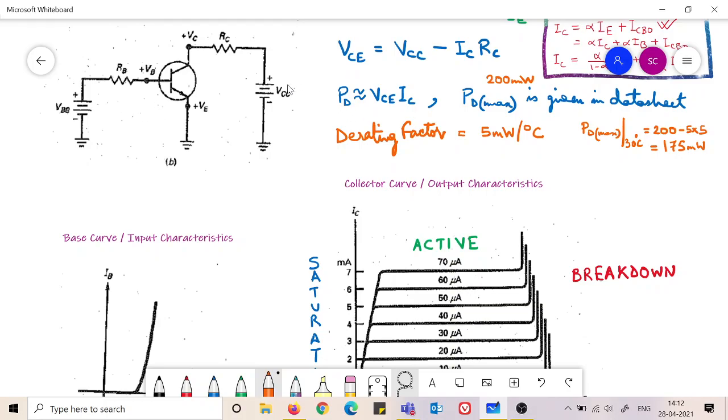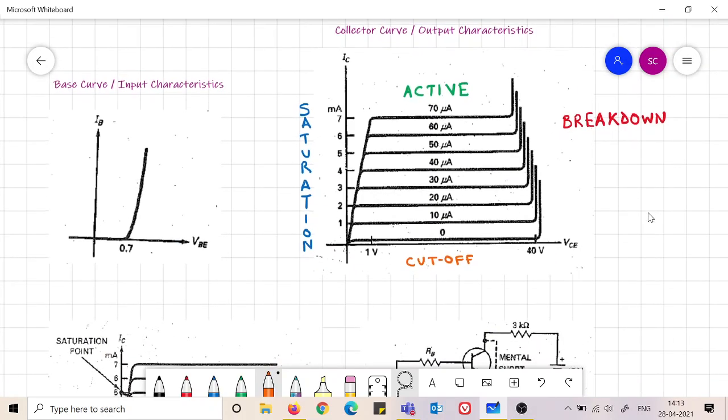Once that is set, you keep on changing VCC. You start from 0. This is always in the positive region, because we have to reverse bias the collector base junction, so this is the only direction of voltage that you are supposed to apply. So you start from 0 and keep on increasing the voltage, you note down what IC is, and then you plot it. You will get the collector curve.